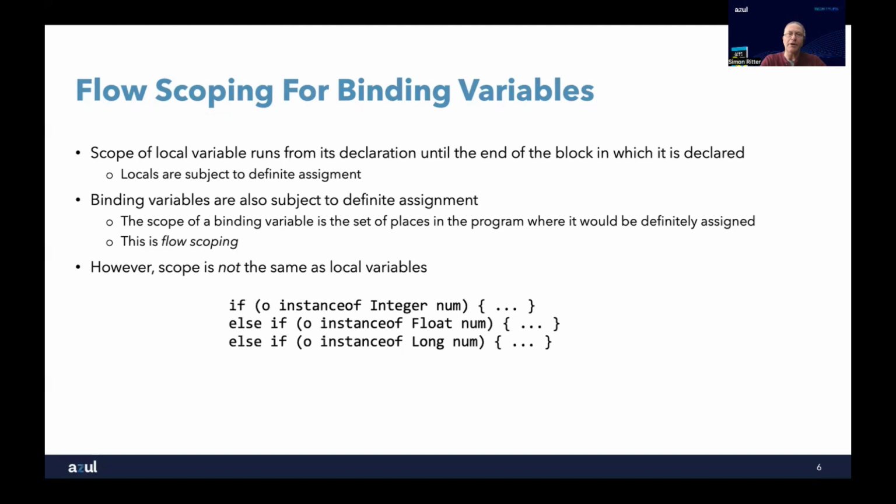Similarly, we could have another one, else if o instanceof Long, and reuse num. Now, we couldn't do that with local variables, but because of flow scoping, we can reuse the same variable name in those three different situations. And that's actually a really nice feature because it does mean that we're able to avoid having multiple different variable names like num1, num2, num3.